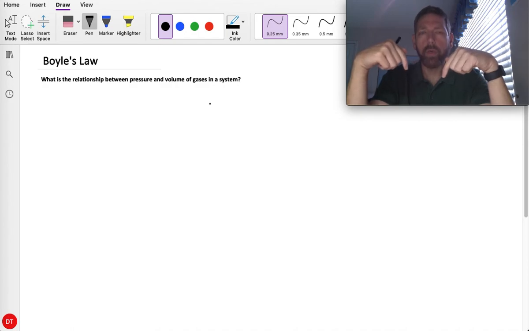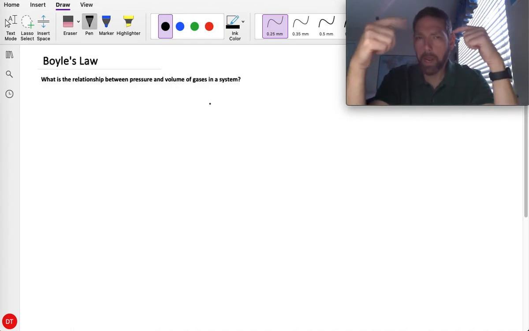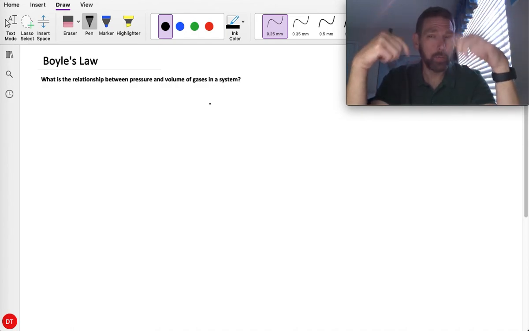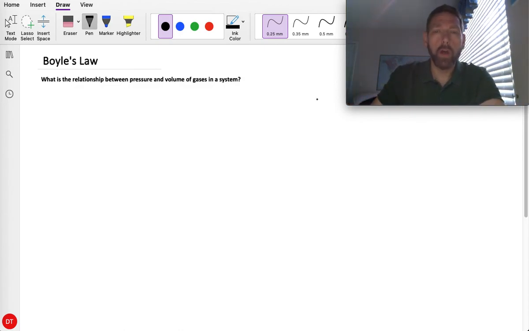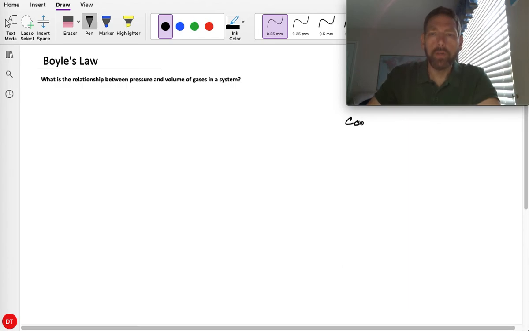Here, we're assuming that some dynamics are changing, but we also have to assume certain constants, certain things that are not changing. We'll take a look at all the dynamics together in a later lesson, and I'll have that linked for you. So for Boyle's law, we have to assume some constant conditions.